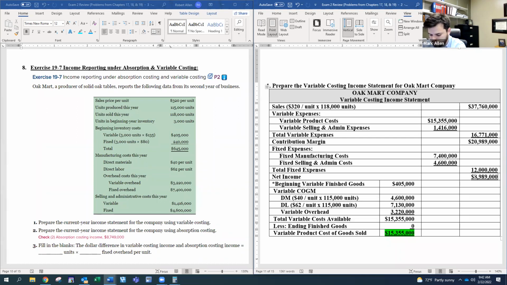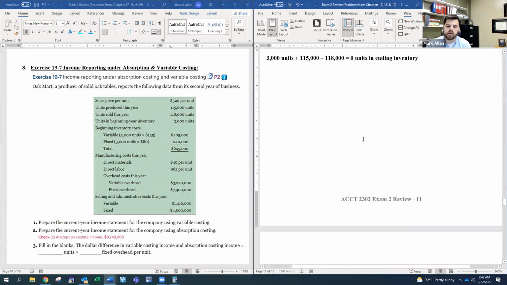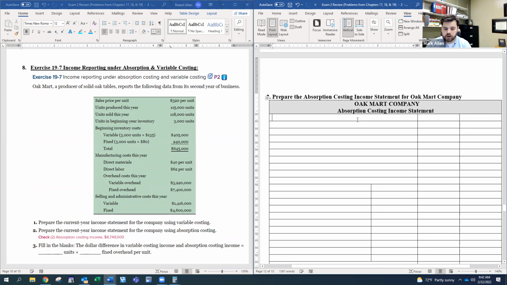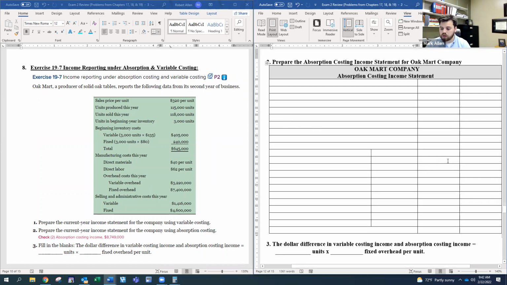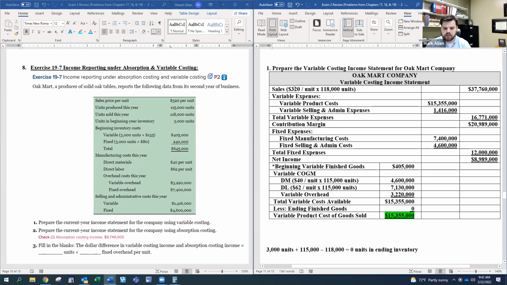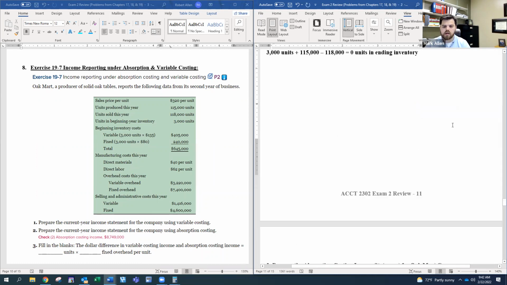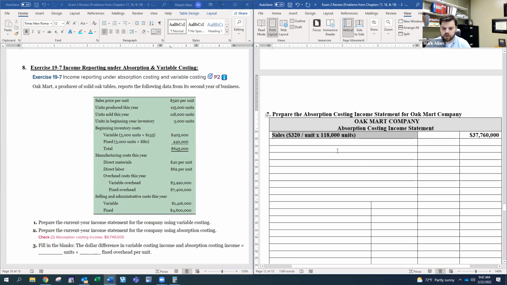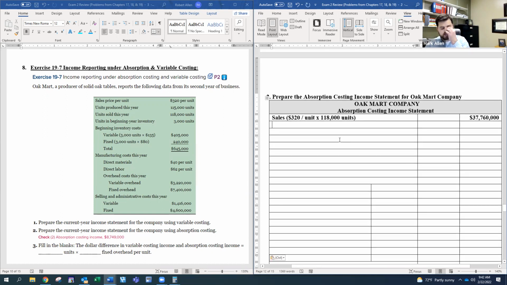All righty. Now, moving on to our next piece, we're going to deal with our absorption costing income statement. So similar, but slightly different in format. I'm just going to copy this very first line just so I don't have to retype it because it's exactly the same. So there we go, 37,760,000.